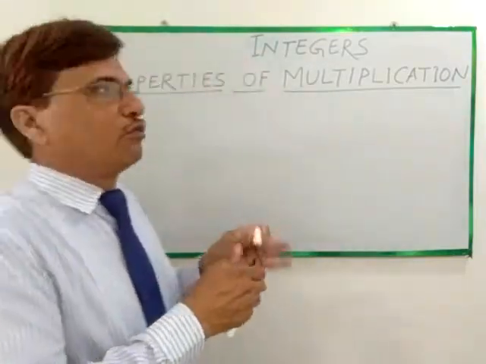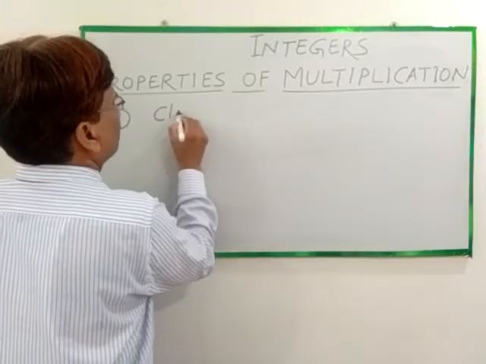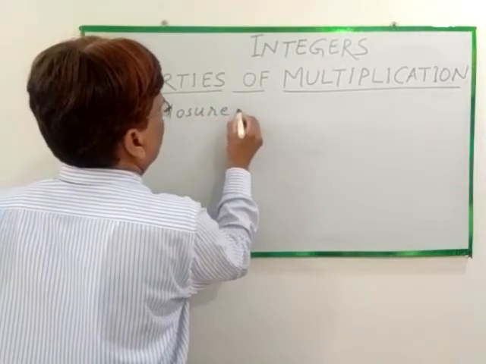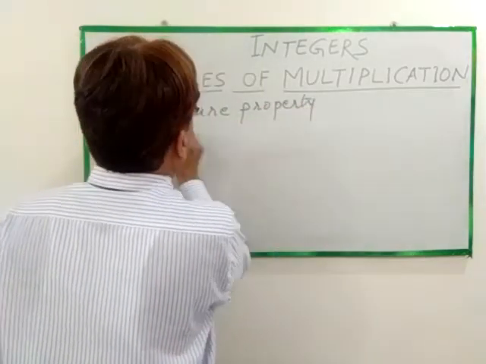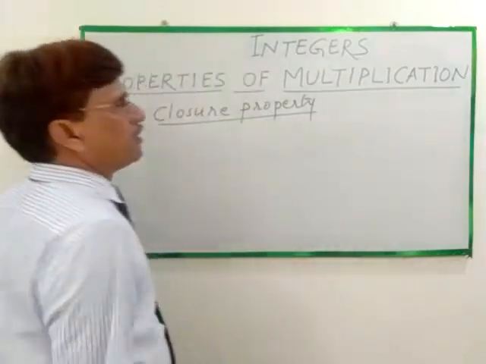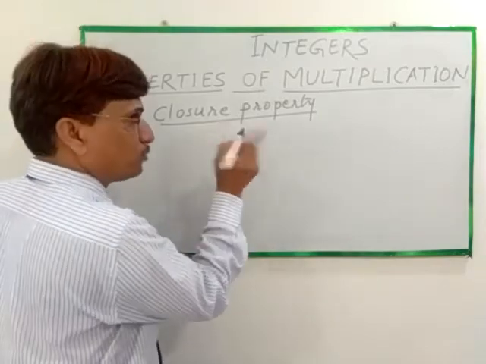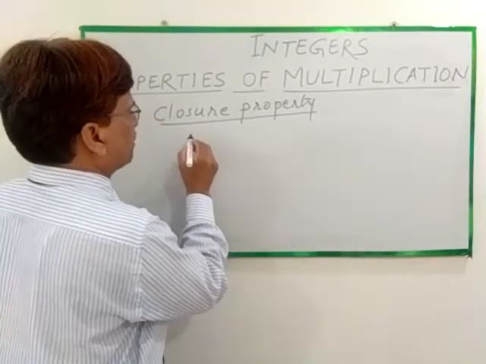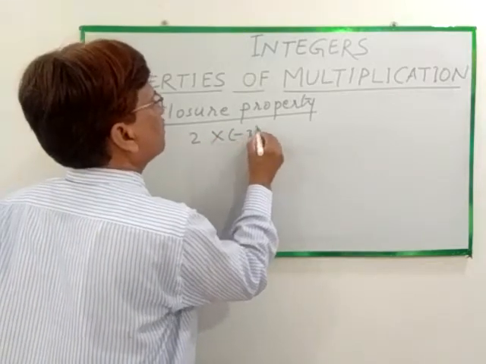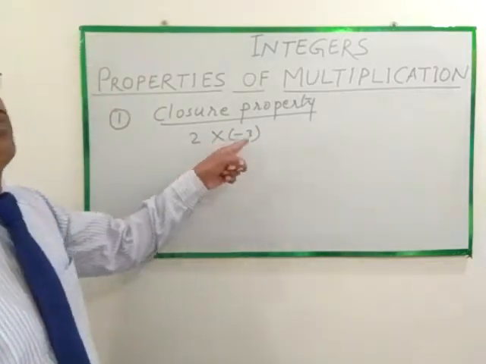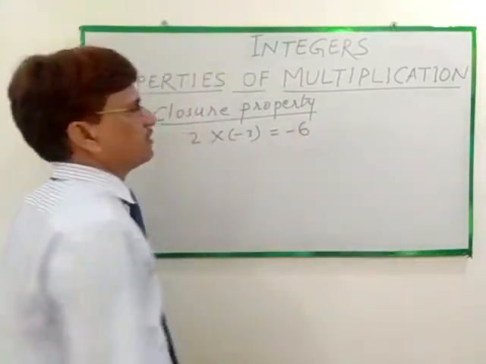Now first, closure property. If we take two integers, 2 and -3, and multiply them, we get -6.